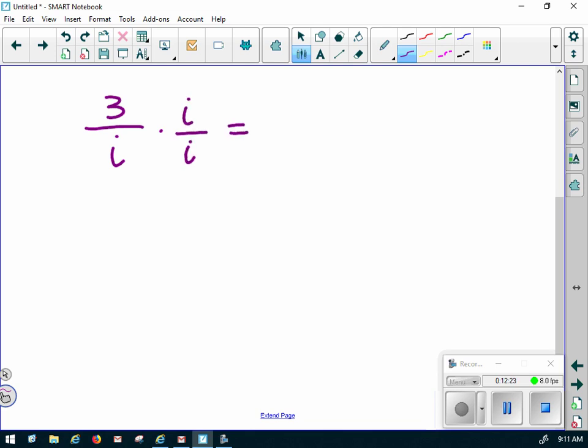Now, what is 3 times I? It's 3I. And what's I times I? I squared, but what's I squared? What's 3I divided by negative 1? Negative 3I.